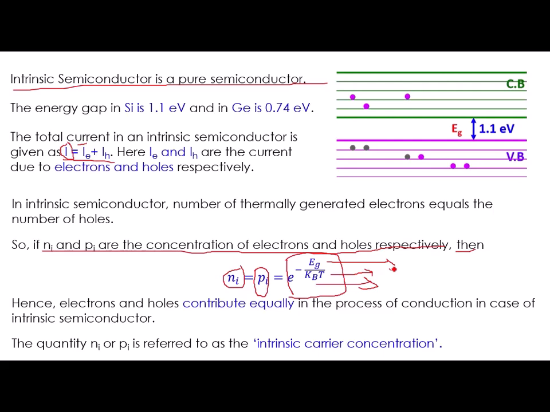Now, to avoid these two points, that is, to eradicate this problem of limited conductivity and temperature dependence of the conductivity, people started making extrinsic semiconductors or impure semiconductors. These extrinsic semiconductors are made from intrinsic semiconductors by doping them with some impurity.